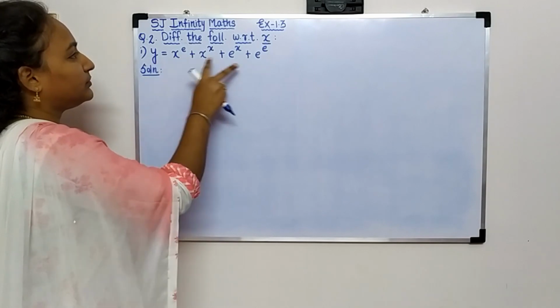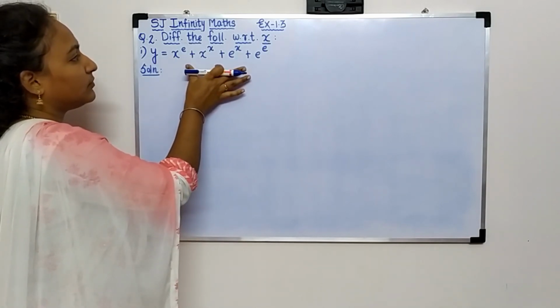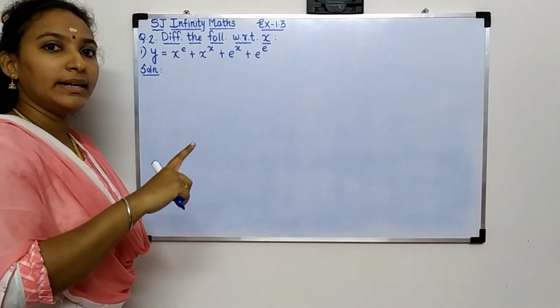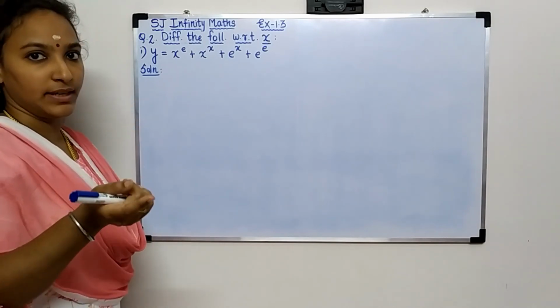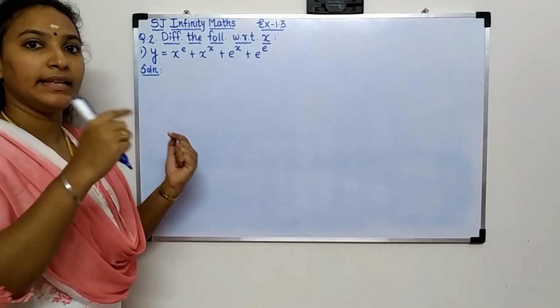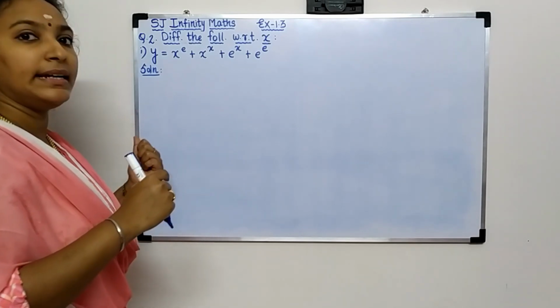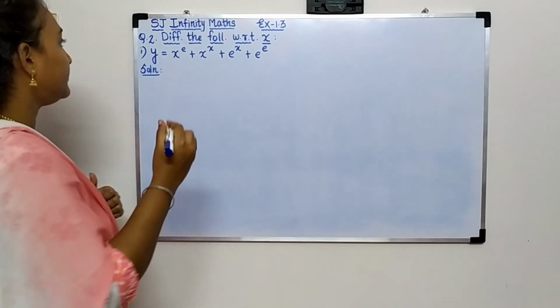So what we do? Divide this function into two parts, one as u and the other as v. We'll solve it separately, then add them together to get our dy by dx. Let us see how it is done.